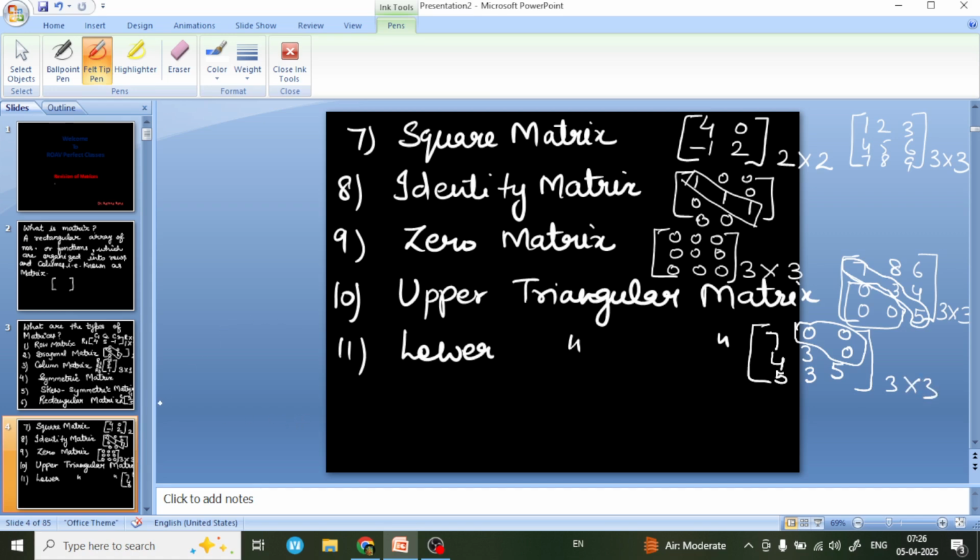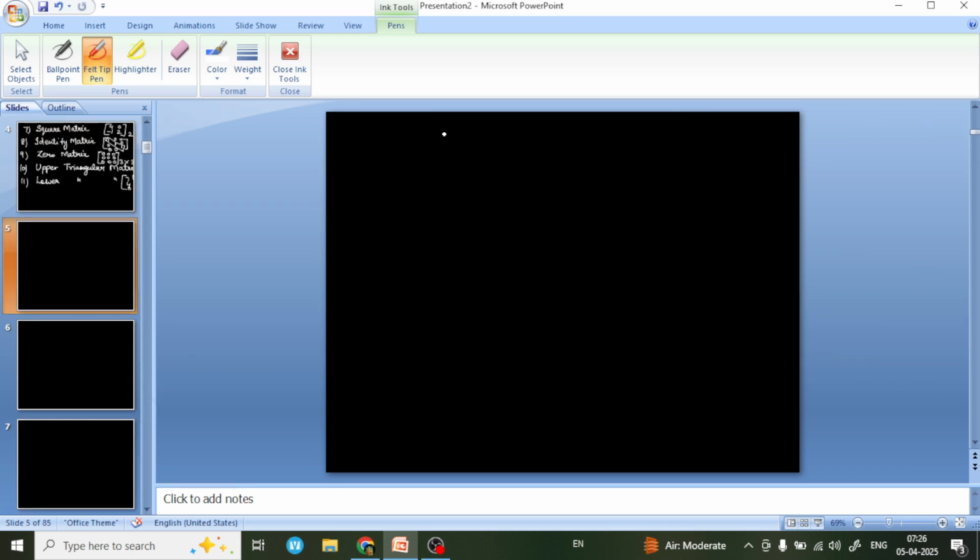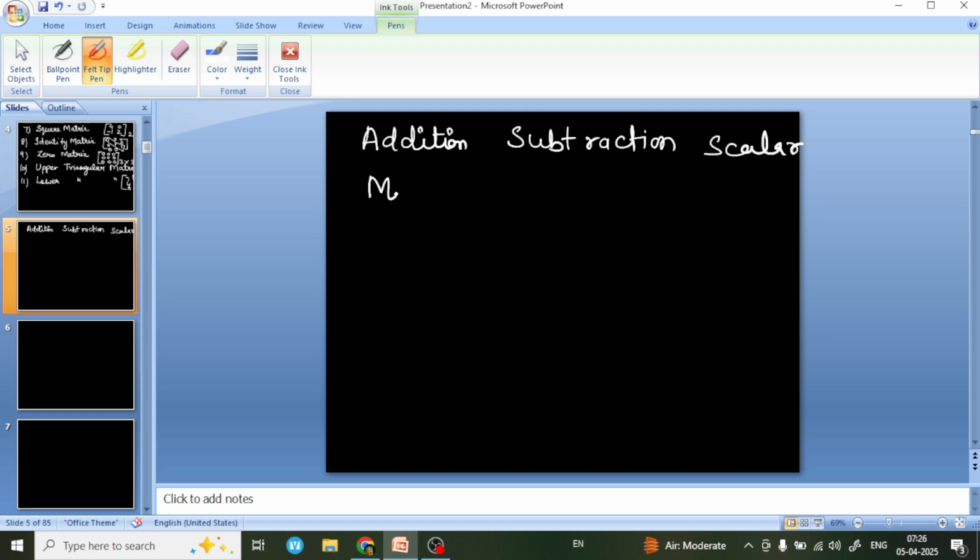Now, what types of operations can be performed on matrices? You can perform addition, subtraction, scalar multiplication, and matrix multiplication.